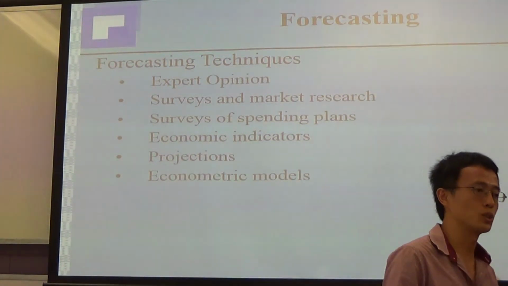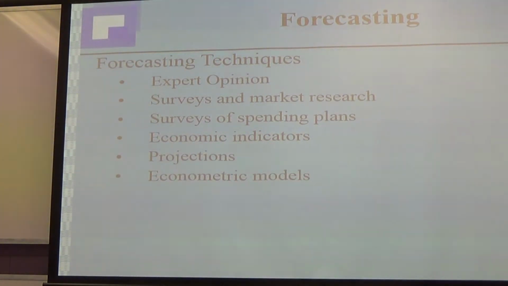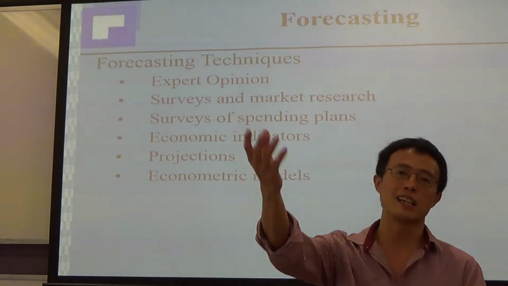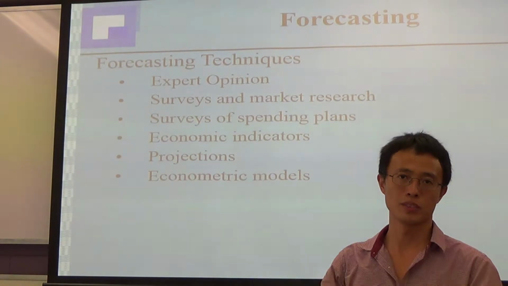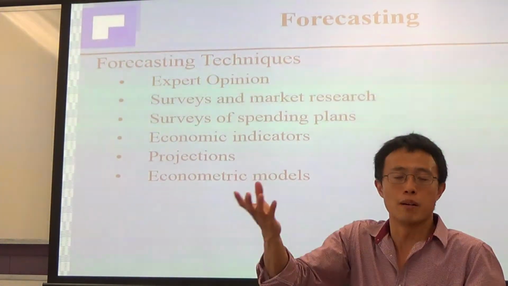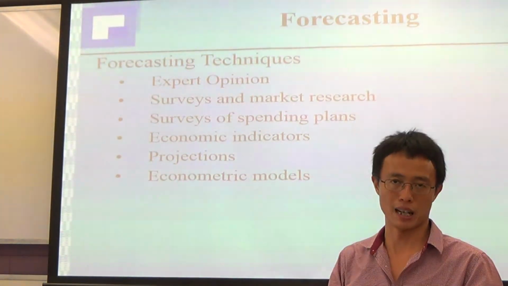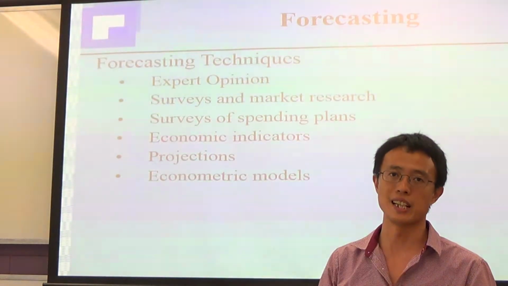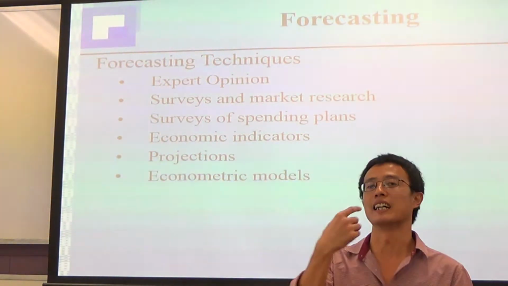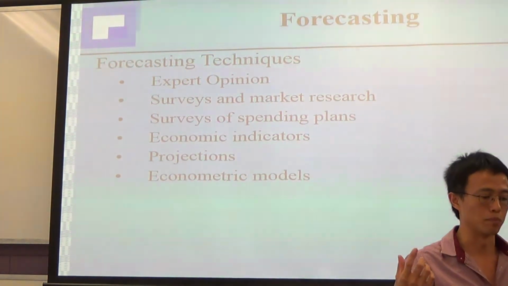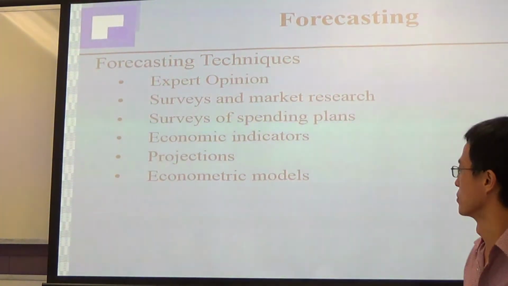For example, you can do a consumer survey in the shopping mall. Ask people how many kilograms of bananas are you buying every week? When you get the survey, you add it up, you get an idea of the possible sales of bananas for your firm.